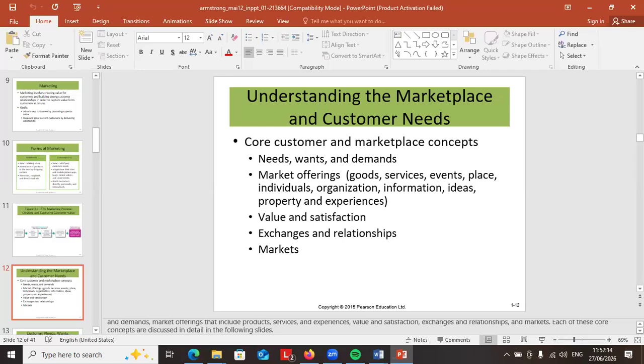And the third core customer and marketplace concept is value and satisfaction. We'll be looking at all these. And the last but not the least has to do with the concepts of exchanges and relationships. And then finally, we have markets, concluding the 5 core customer and marketplace concepts.